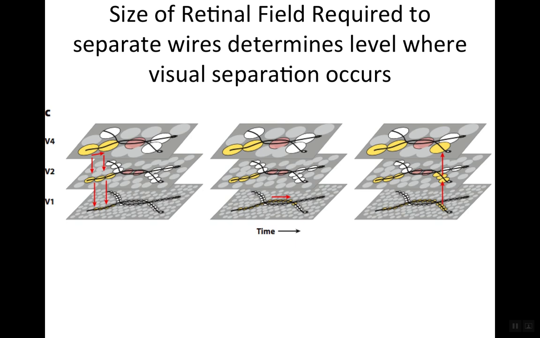On the other hand, if the task requires a very narrow or small visual distinction to be made, then we need small receptive fields or retinal fields. And this puts us back at area V1, and because we're going to have to go through many different neurons as we trace out the difference, the task is going to take longer.